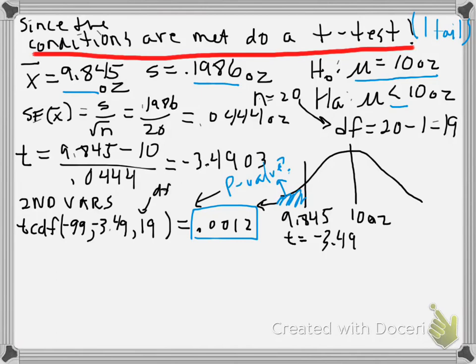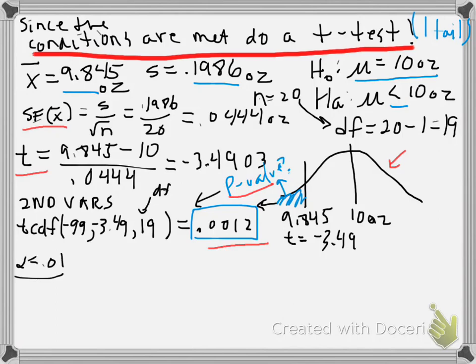So let's go back through. I have my standard error, that's good to have. I've got my t-score. I've got a picture. I found my p-value, which is right there. Now I just have to interpret it all. So for my interpretation, let's use an alpha equals 0.01.